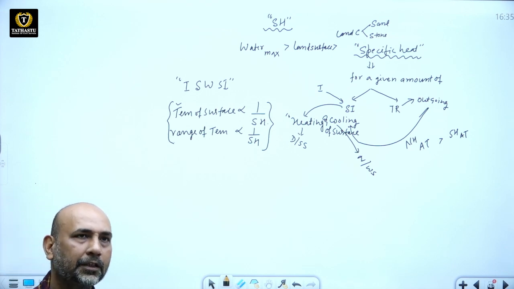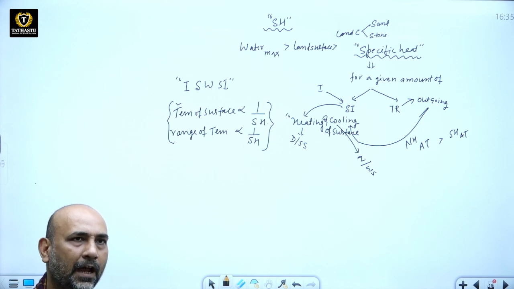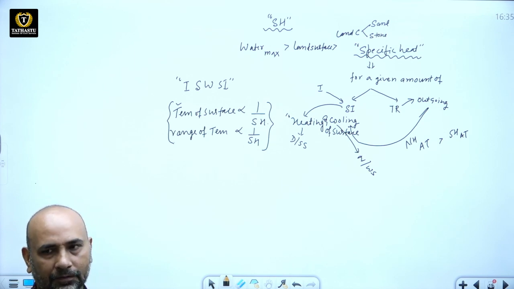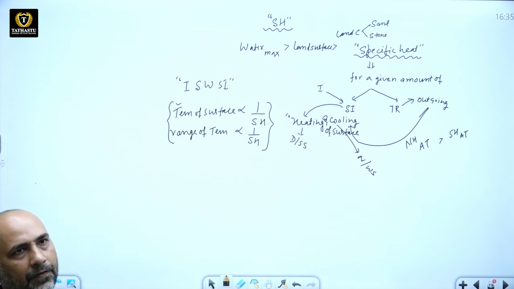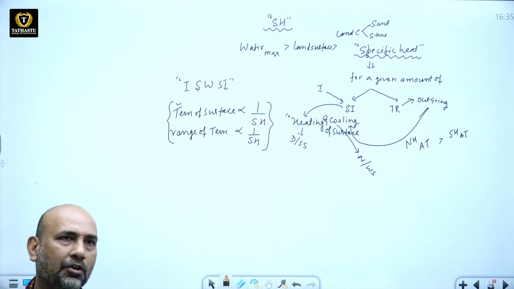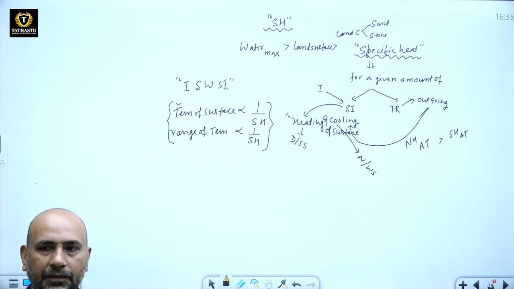At the same latitude, in the summer season, as we travel from the oceanic surface to the continental surface, it is going to be hotter. And in the winter season, as we travel from the continental surface to the oceanic surface, it is going to be warmer because of the lesser drop in temperature over the oceanic surface.